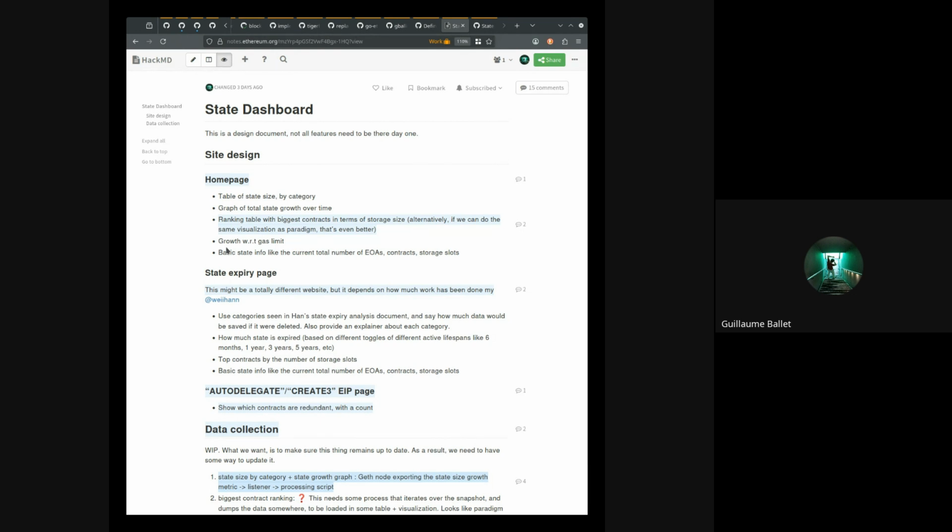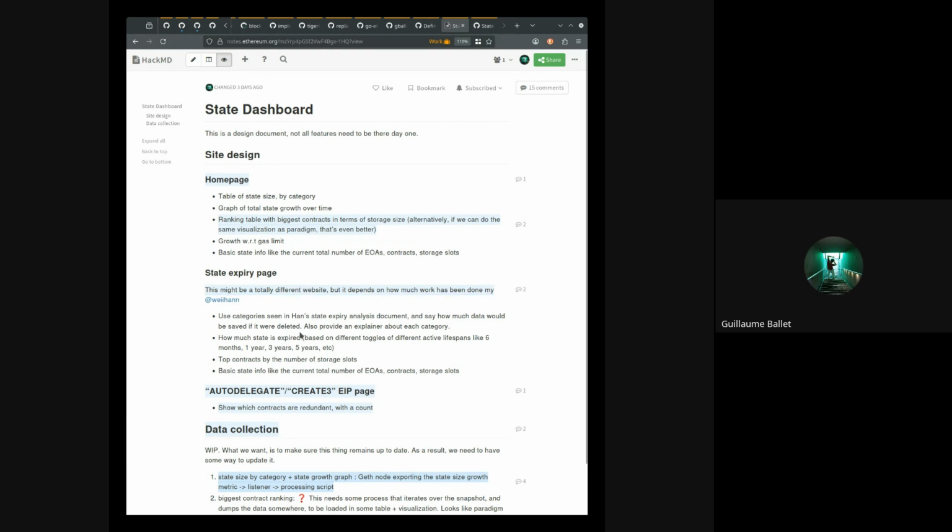So, when the gas limit goes to this level, how big is the state growth? Also add values like how much is represented by EOAs, how much is contracts. A lot of things that Han has done for his state analysis article. Simply keep it up to date instead of being something that gets published once and is forgotten.